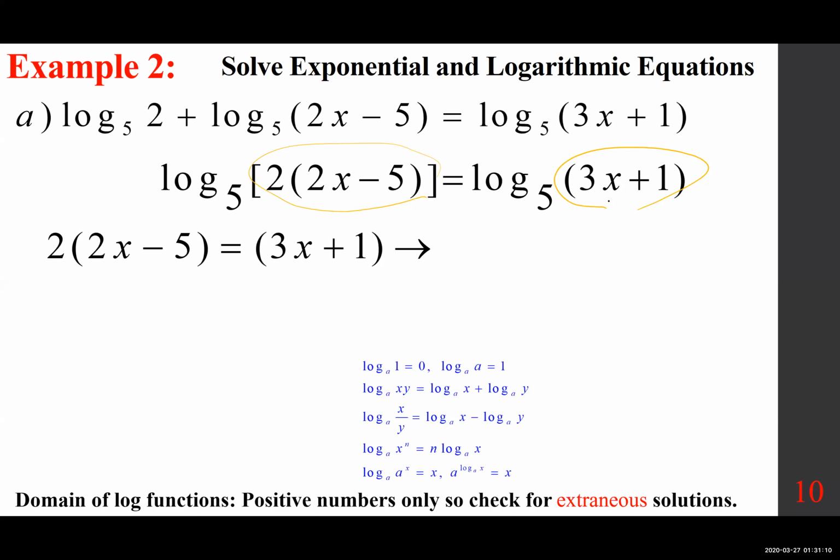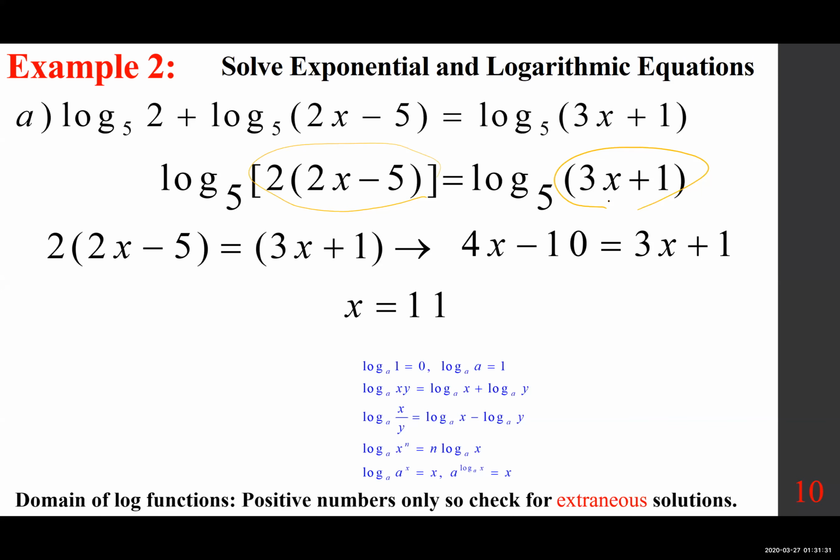It's a simple case. I wouldn't worry about that. I assume everybody can solve the simple equation. And the answer is x equals 11.